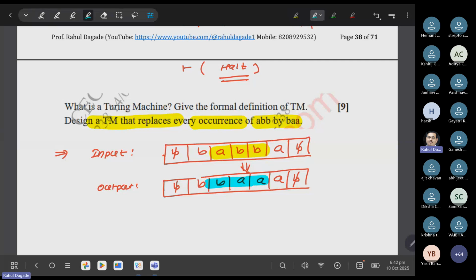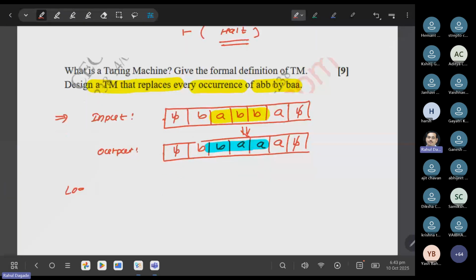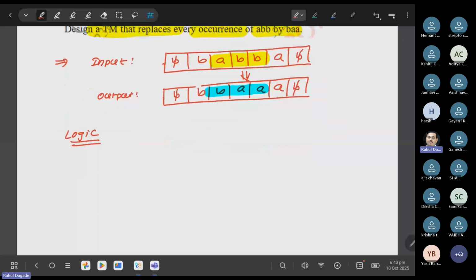Okay, so ABB is replaced by BAA. So what logic you will apply? Logic. So first of all, you will have to see the occurrence of ABB. And then once you see that occurrence, then immediately go back and convert that ABB occurrence into BAA.